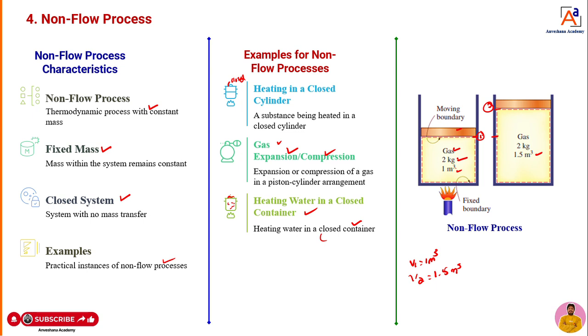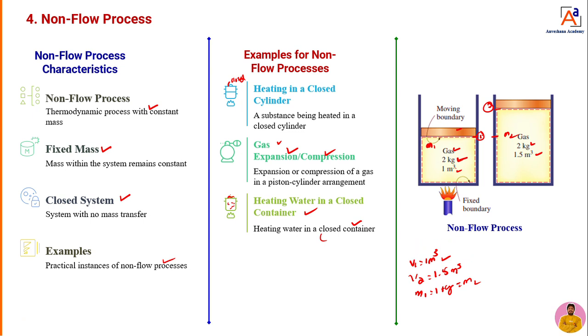You can see here, mass here is 2 kg, here also 2 kg. M1 is 2 kg, M2 is also 2 kg. Mass remains constant, but other properties, volume and pressure, may change. That process we can call a non-flow process.